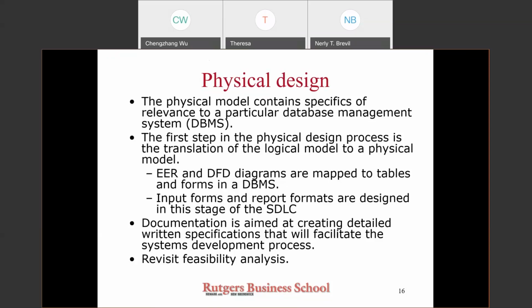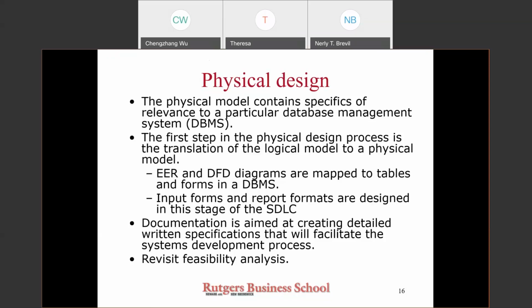Logical and physical data and process models must be thoroughly documented, for it is the documentation that will be relied upon during the subsequent development and implementation stages.